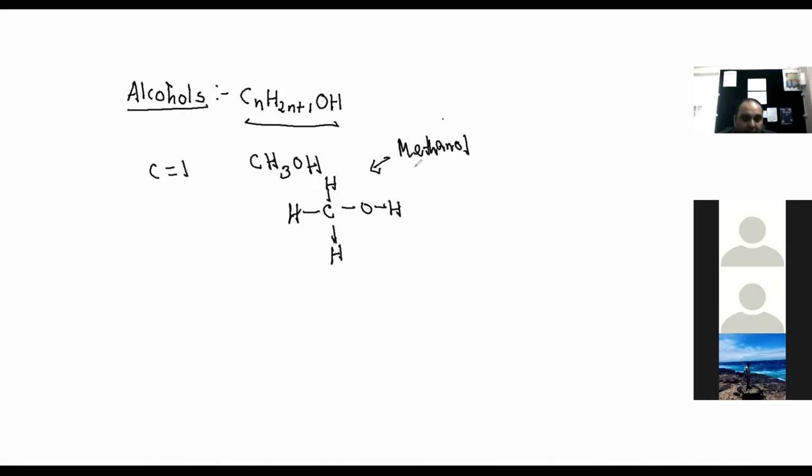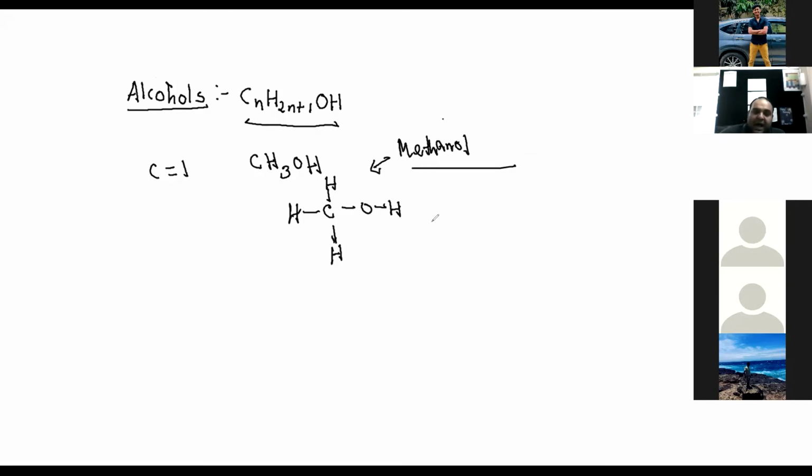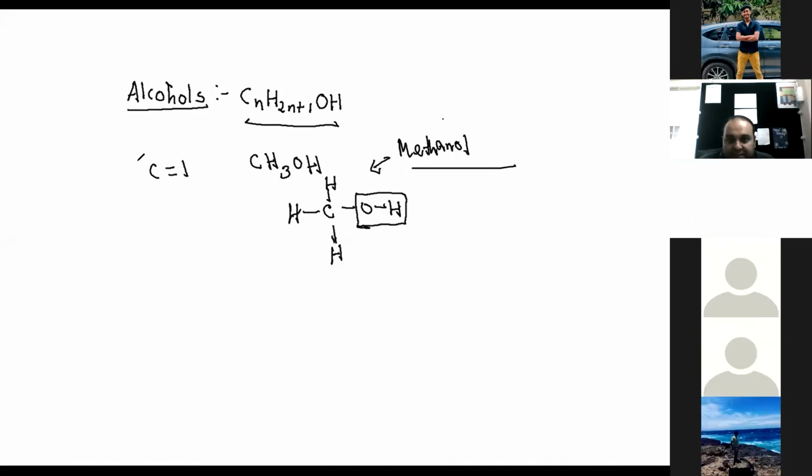Now, how many isomers does methanol have? Zero, I guess. So this is methanol. Here the functional group is OH. If we put it like this instead, will it make a difference?